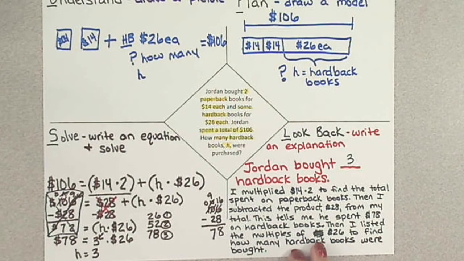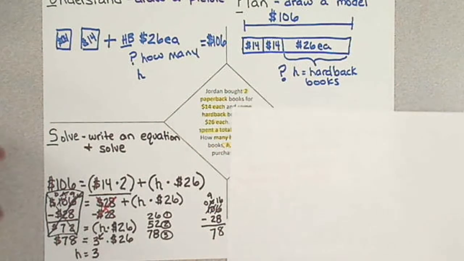So now I can see if this makes sense. I can go back and check my work. Now I've run out of space here, so I am going to use another piece of paper to double check my work and make sure that this makes sense.